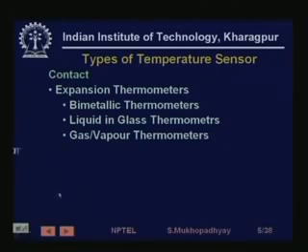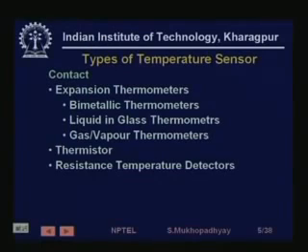And other than that, resistance variation with temperature is a very standard phenomenon which is utilized for temperature measurement. We generally have two kinds of sensors here: one is called a thermistor, which is actually a semiconductor resistance, and the other is a metallic resistance like the resistance temperature detector. We are going to look at these two.